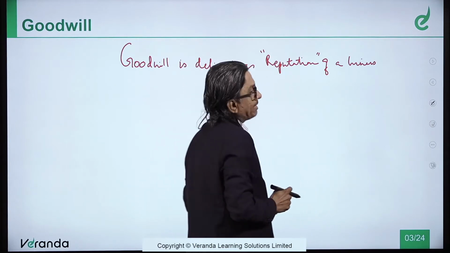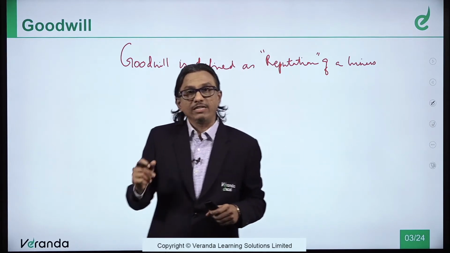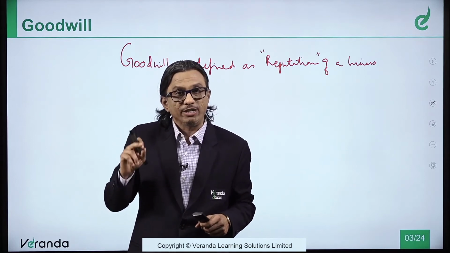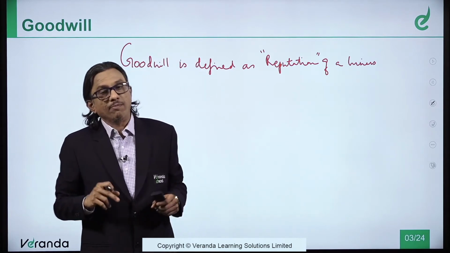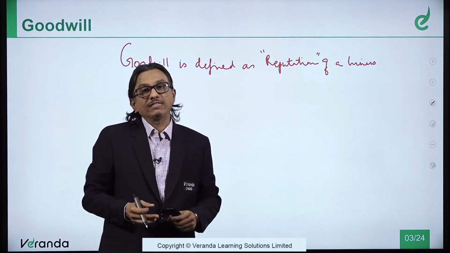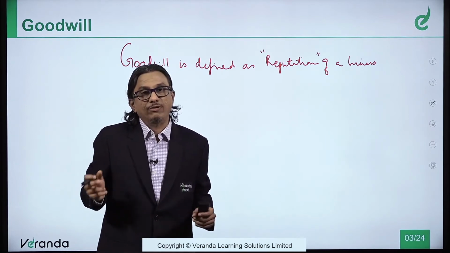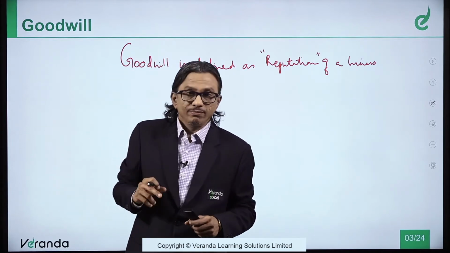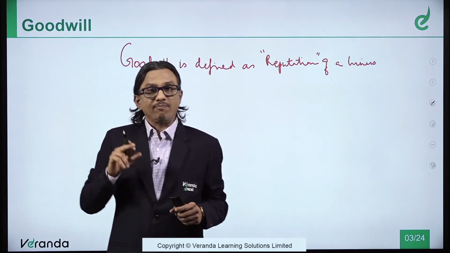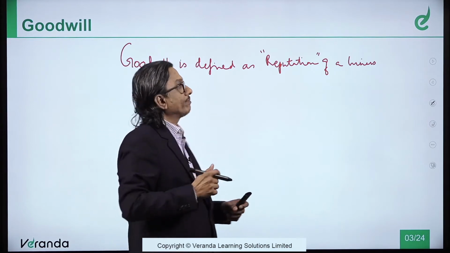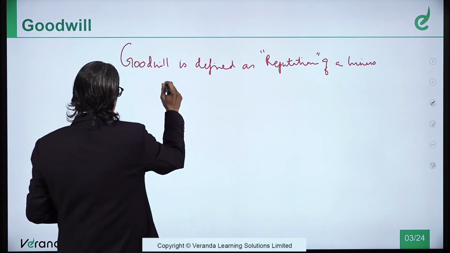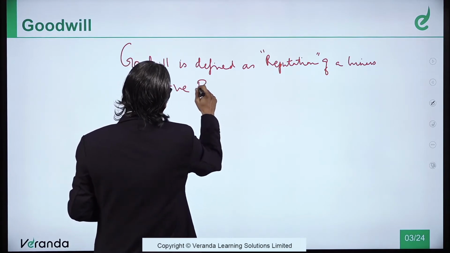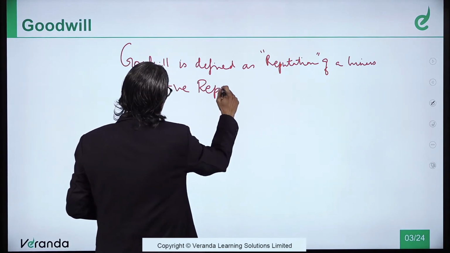But let us understand clearly that reputation here means positive reputation, not negative reputation. A person may be reputed for various reasons, but is it for positive reason or negative reason? That is where the difference is. So therefore, if a business has a positive reputation, then you can say it is goodwill, positive reputation.